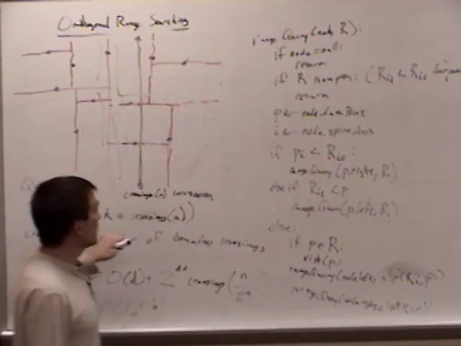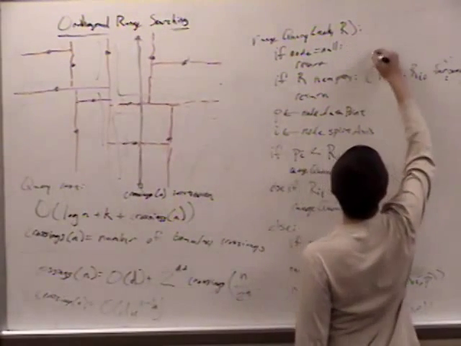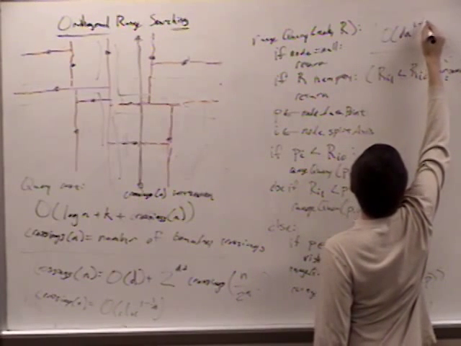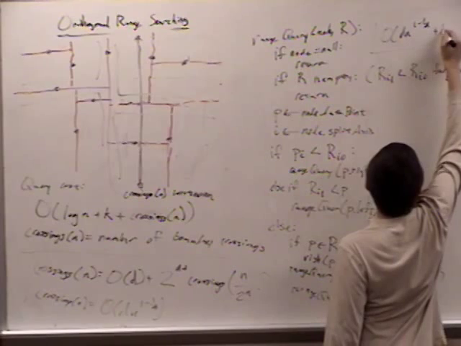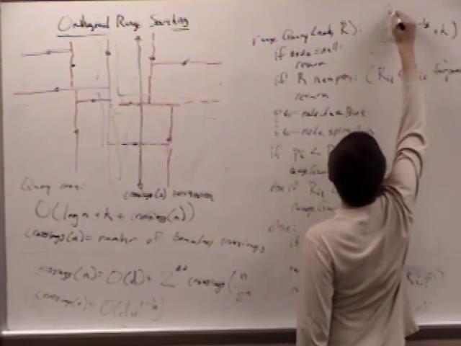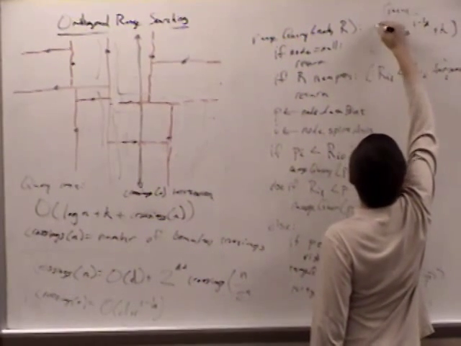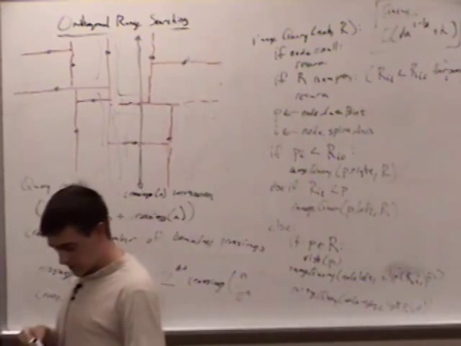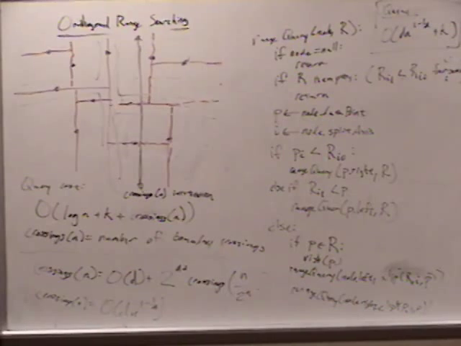And we end up with an algorithm that runs in order d n to the 1 minus 1 over d plus k query time. That's pretty much as good as you can do with linear space.